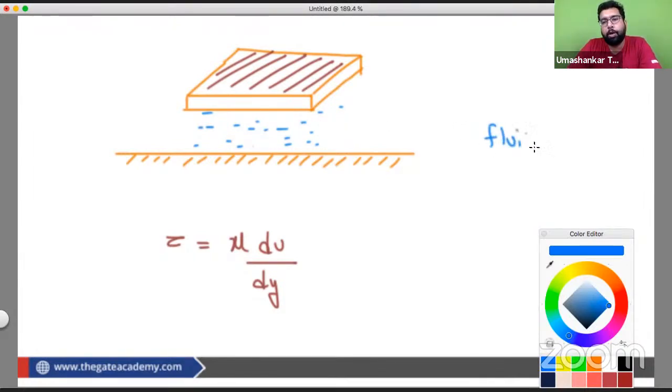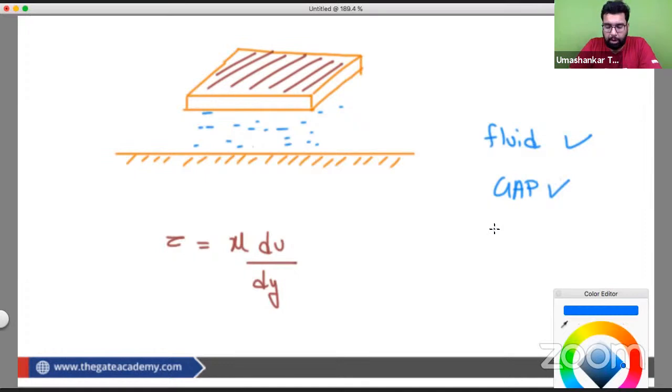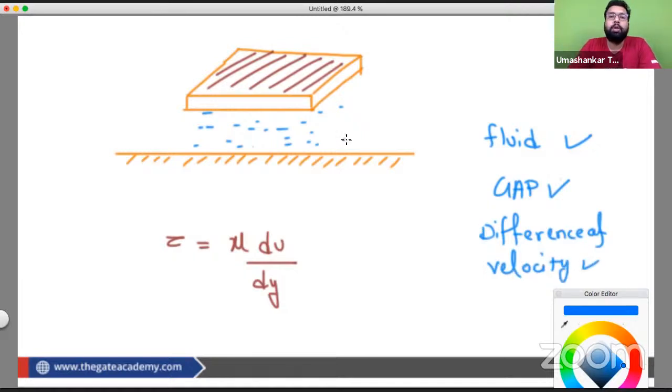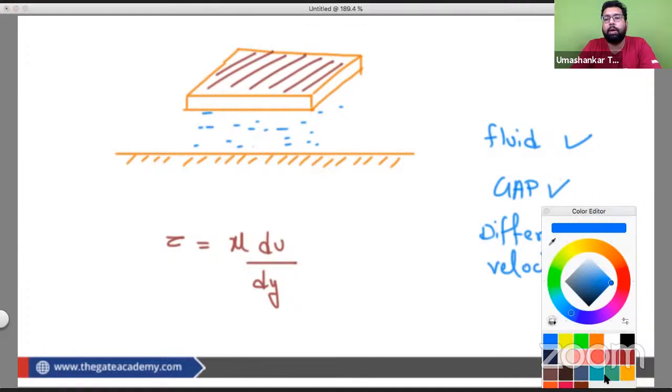We should have a fluid, we should have a gap, and we should have a differential velocity, meaning a difference of velocity. If all these things are there, you may recognize that this is a question of Newton's law of viscosity.